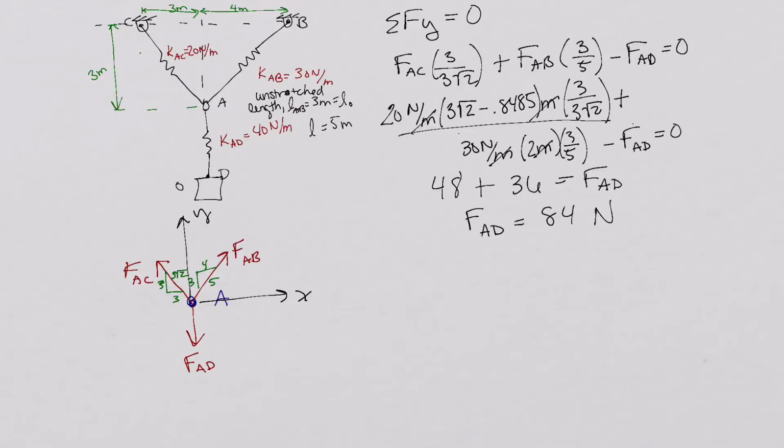So I'm actually going to draw another free body diagram. If we look at that point D, then the force going up is that force of AD, and the force going down is the weight, which equals M times G. So if we sum forces in the y direction equals 0, we get FAD minus W equals 0.